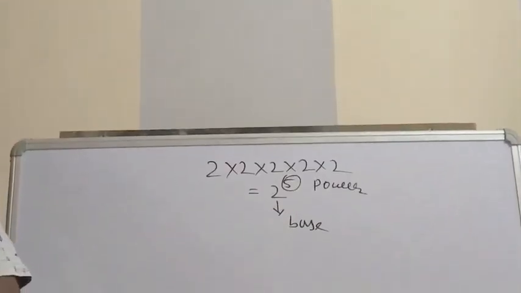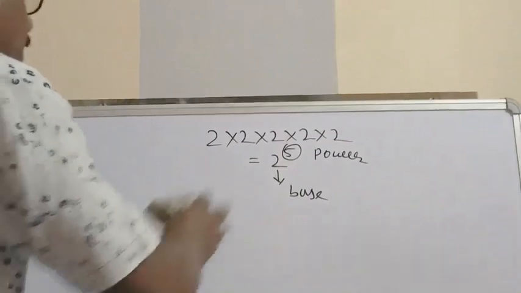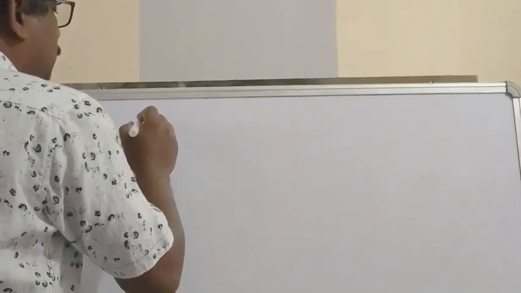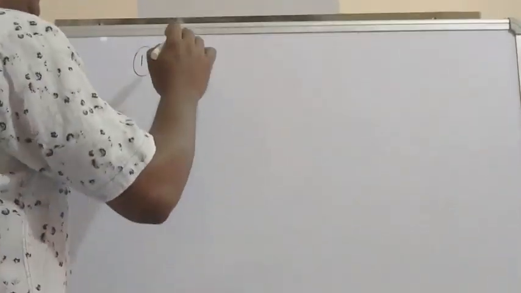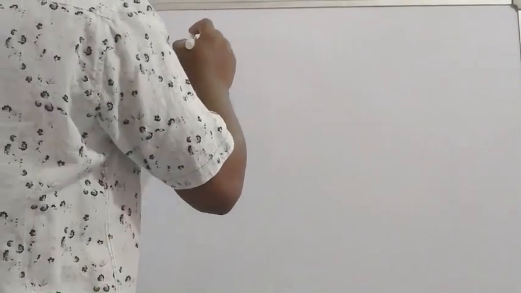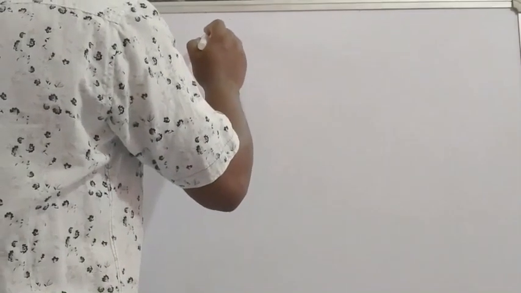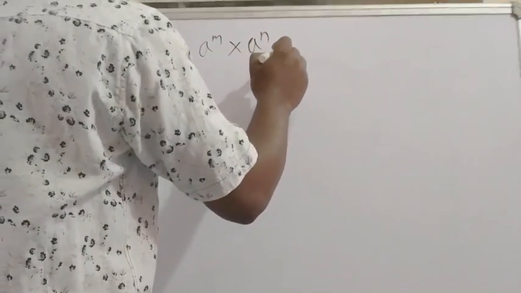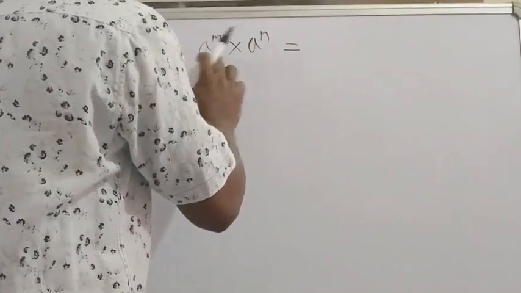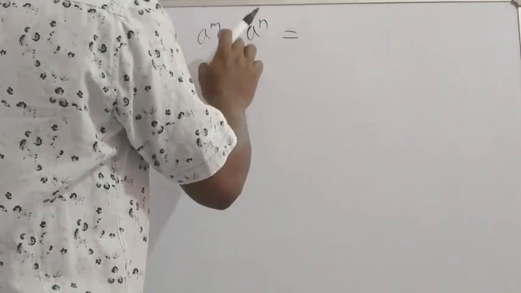First formula: suppose a, b are two variables and m, n are positive integers. Suppose a to the power m into a to the power n. Here the base is the same and it is multiplied.